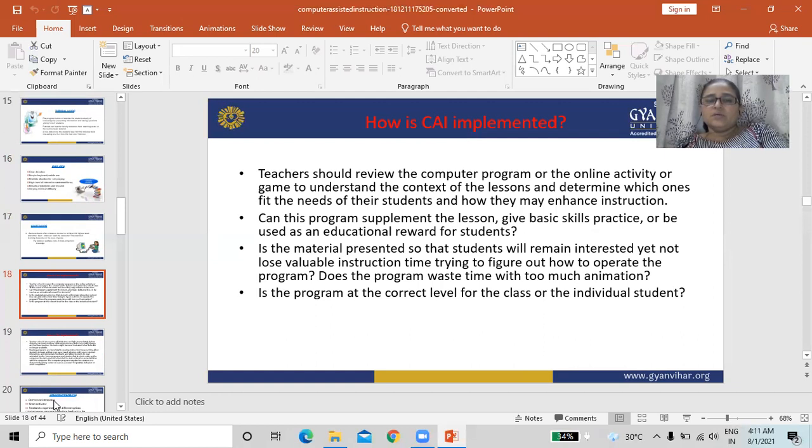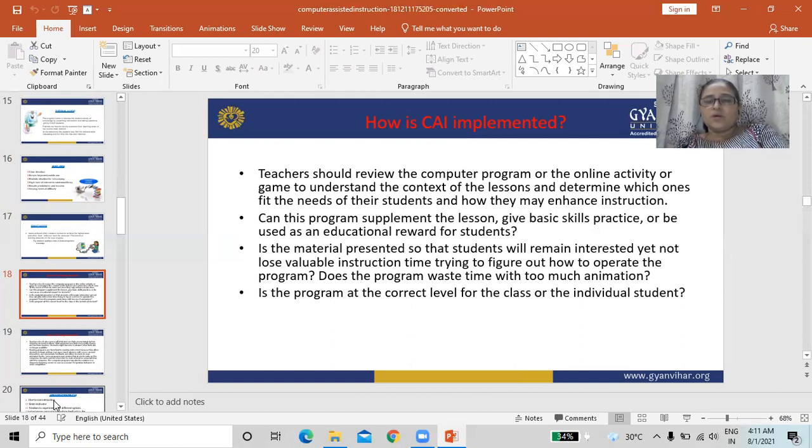Is the material presented so that the student will remain interested yet not lose valuable instruction time trying to figure out how to operate the program?